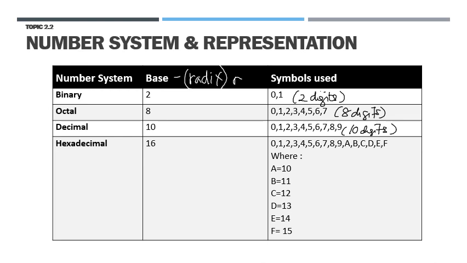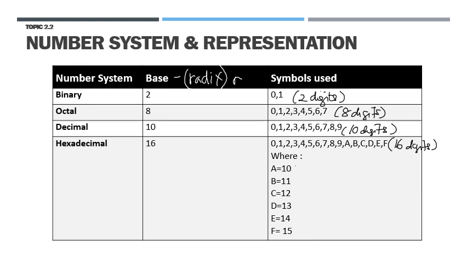For hexadecimal, 16 digits: 0 to 9, then A which is 10, B is 11, C is 12, D is 13, E is 14, and F is 15. So there are 16 digits.